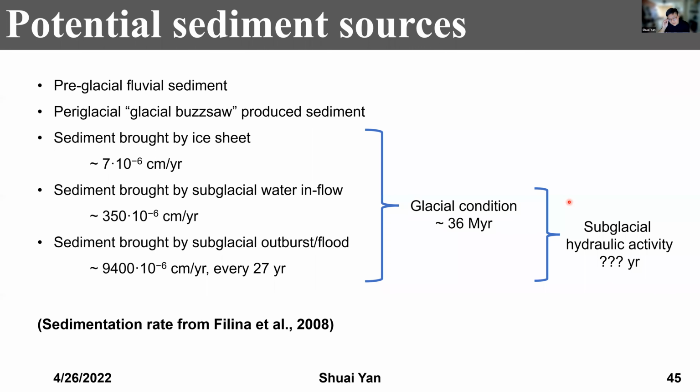So that's a time limit. And we need to know how fast the sediment is being deposited, but we don't have any direct measurement of the concentration of dust in the ice and so on. So I borrowed some numbers from Lake Vostok.